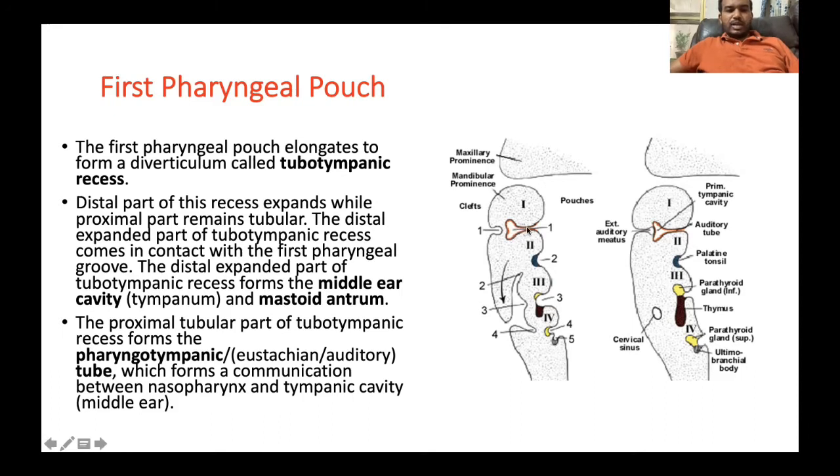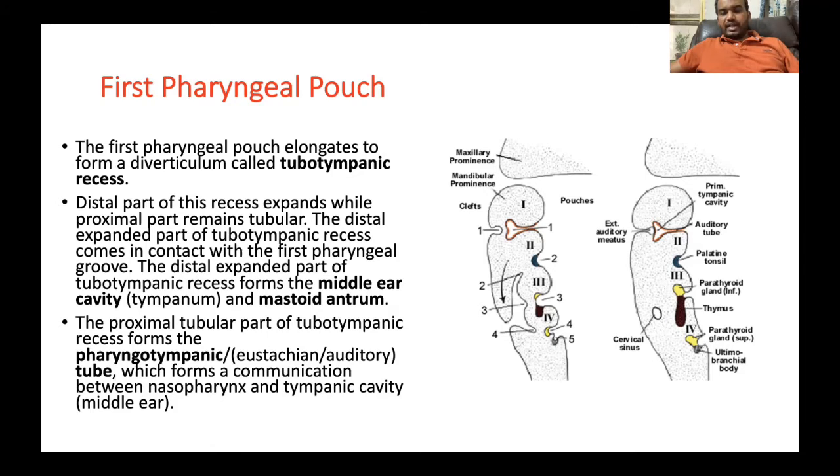The proximal tubular part of the tubotympanic recess forms the eustachian tube, also called the auditory tube or pharyngotympanic tube, which forms a communication between the nasopharynx and the tympanic cavity, or the middle ear cavity.